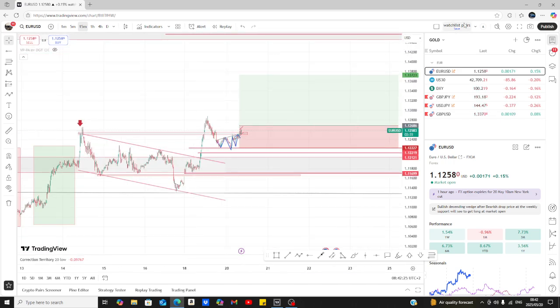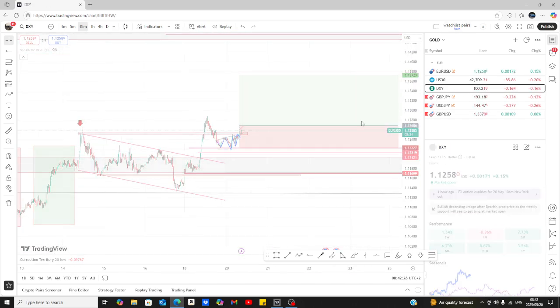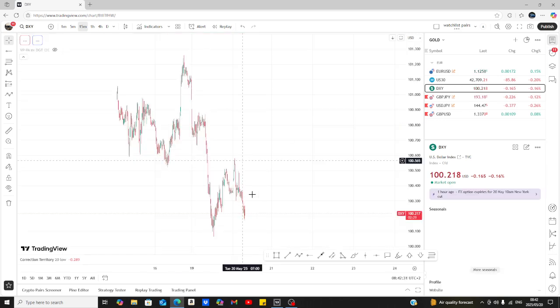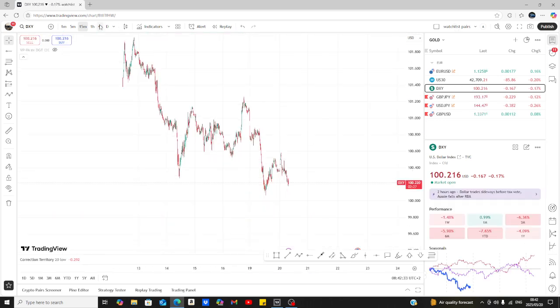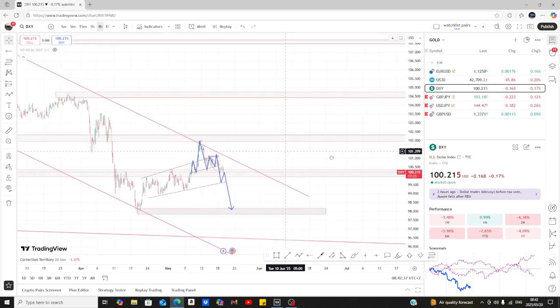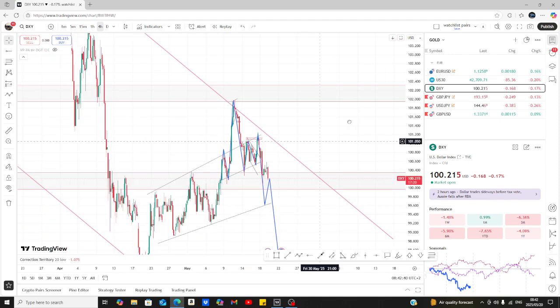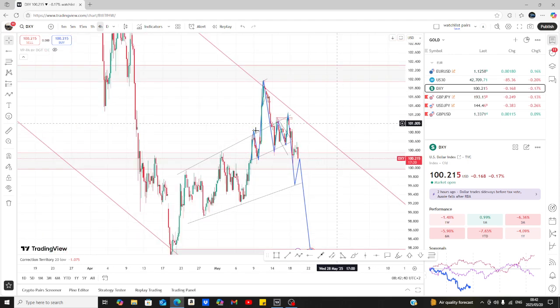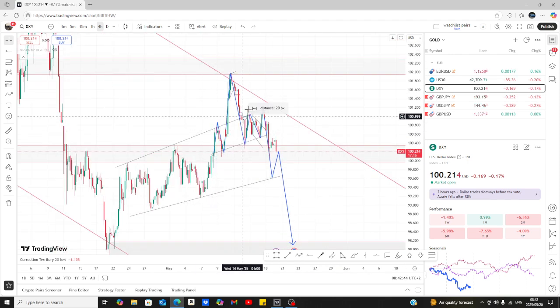Let's move to the dollar. Okay, so dollar, as you can see, is playing out almost like I said yesterday. We have a head and shoulder with double shoulder pattern.